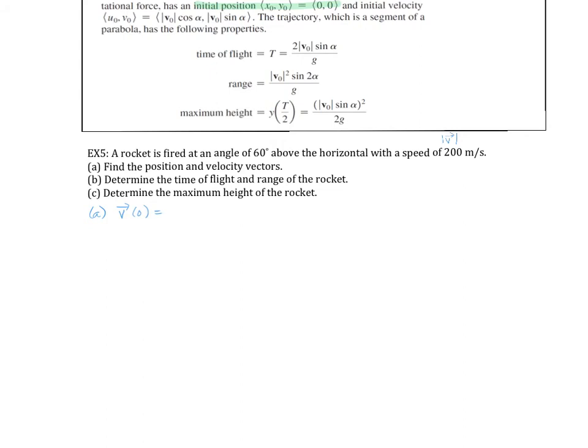So since I have an angle and I have a magnitude, what I'm going to do is go back to writing our vector in terms of the trig function, which would be the cosine and sine. So this becomes the vector 200 cosine of 60 degrees, comma 200 sine of 60 degrees.